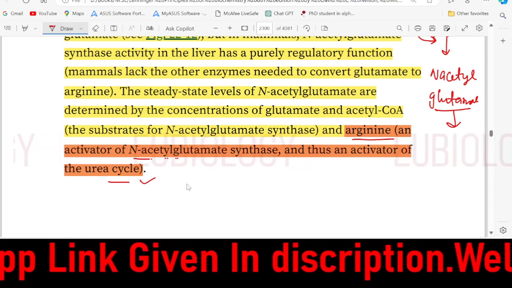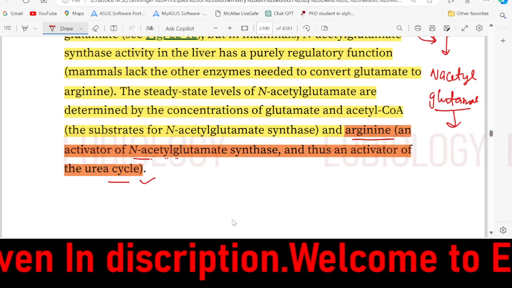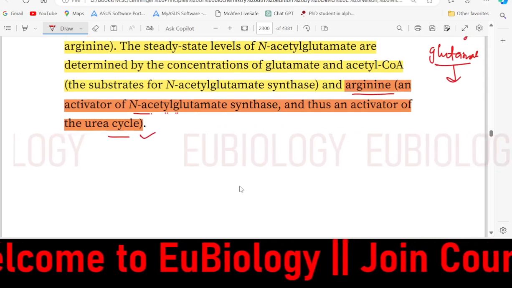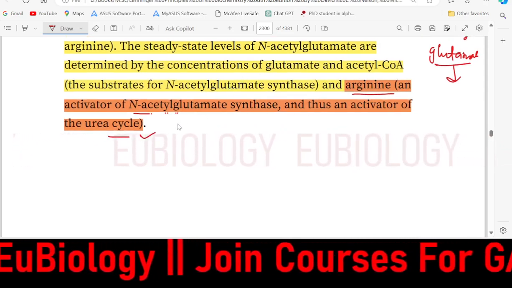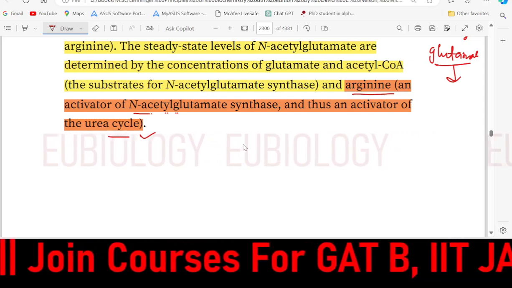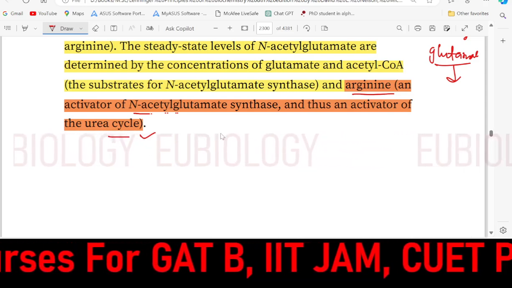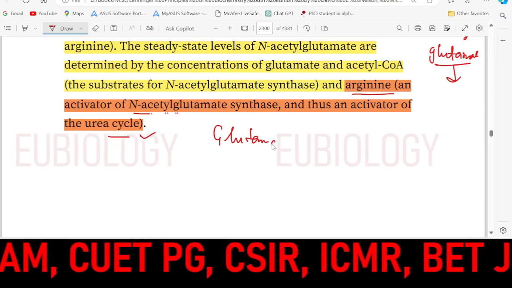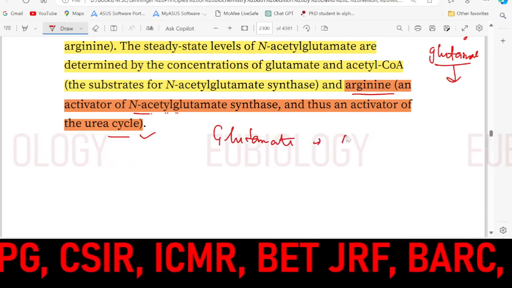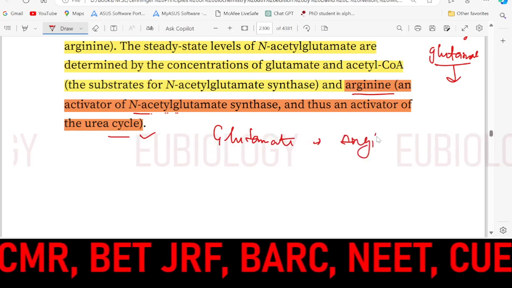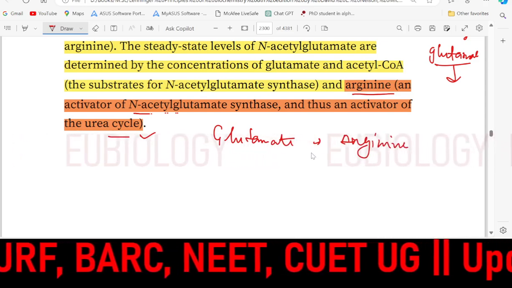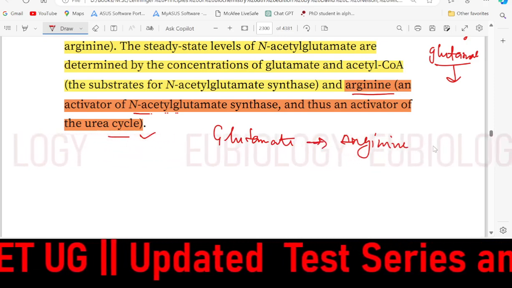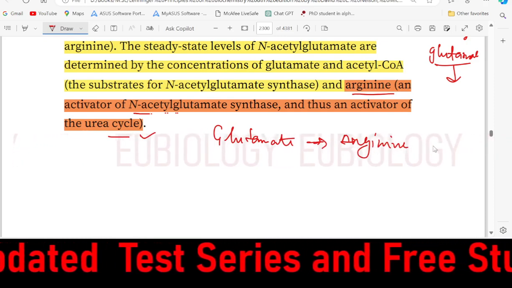Why arginine is the activator of the urea cycle? Anybody can tell me the answer in the chat box. Okay, so the arginine is important because in plant and the microorganism, the glutamate also converted into the arginine, and then this arginine will become the part of the urea cycle.